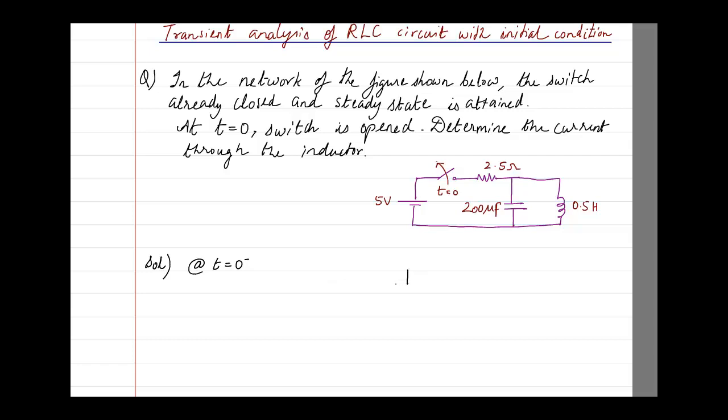So we are having a voltage source, then the switch is closed and we are having a resistor of 2.5 ohms, and then we are having a capacitor, and we know that if the capacitor is charged, because the switch was closed, it is now an open circuit.